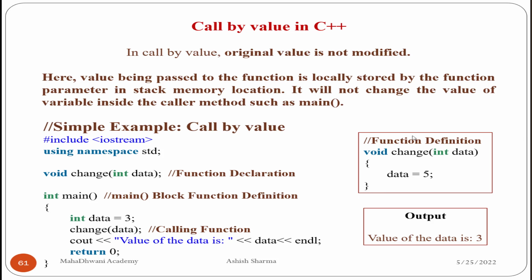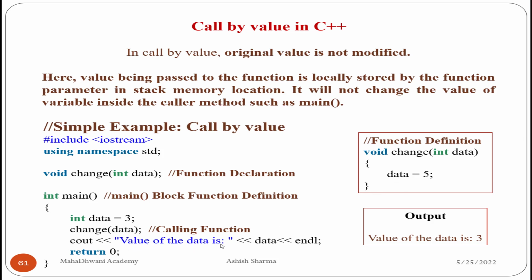So after finishing this execution, when our control goes back to the main body, this value is not reflecting the change inside the main body. That's why we are saying the original value of this data variable is not changed. The original value is not modified, even though we modify it inside the change function.